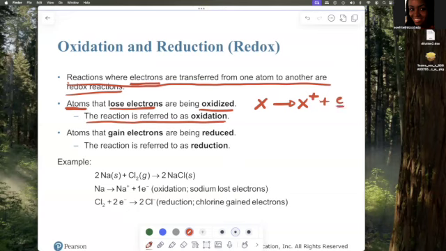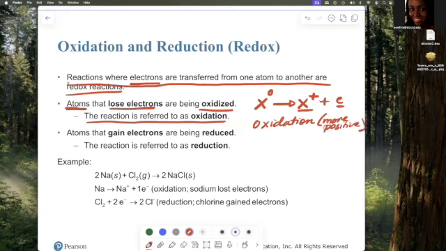This transformation is called oxidation. In oxidation, the species or the atom tends to become more positive than it was before it underwent oxidation. You can see here, X starts with no charge and it ends up with a positive charge. Oxidation, once again, becomes more positive.